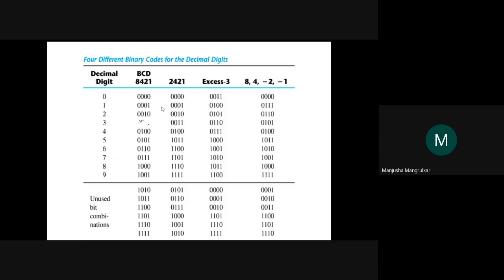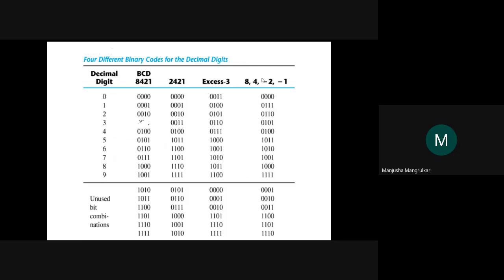That's the difference between BCD 8421, 2421 and 8 4 minus 2 minus 1. Now this is a very beautiful example. Suppose 1. How will we write 1? 4 minus 2 minus 1 is plus 1. So all these three are the ones 1. Suppose 2.